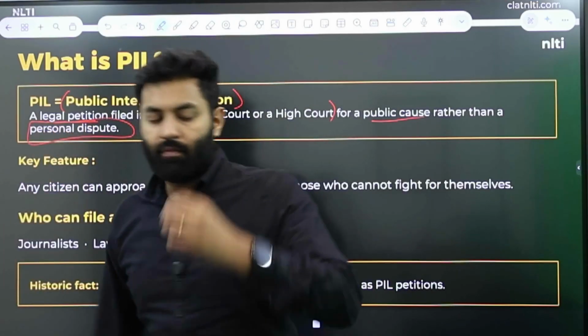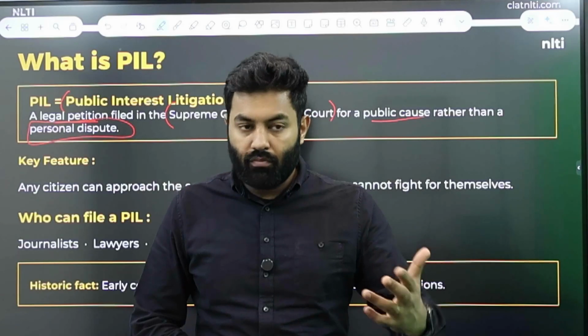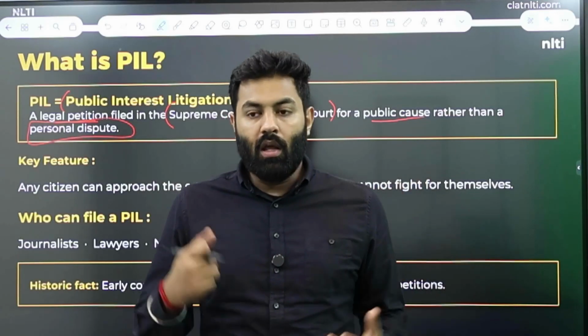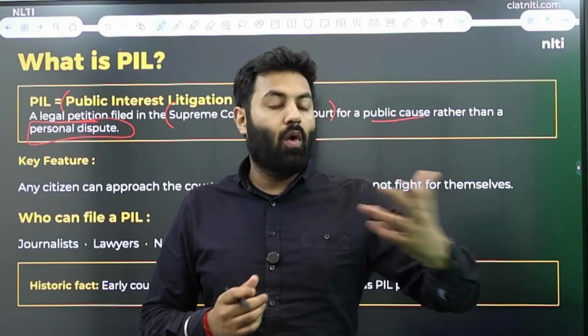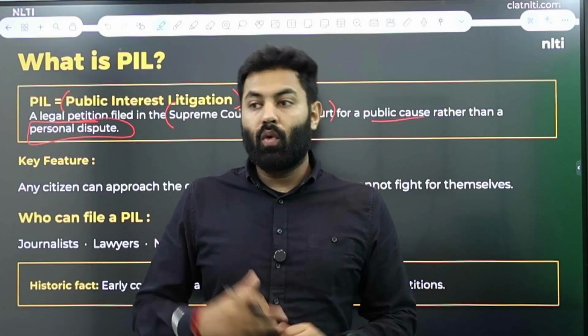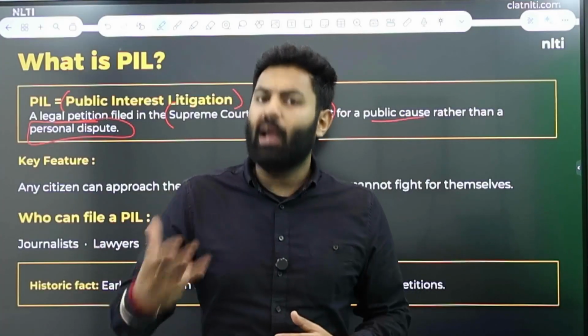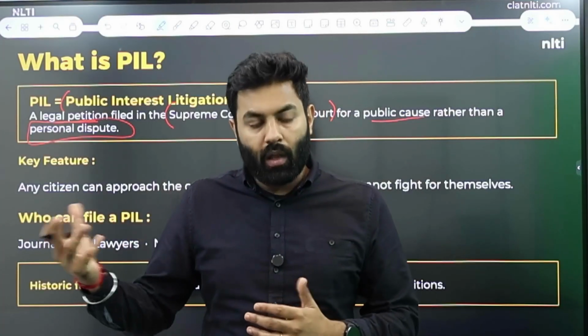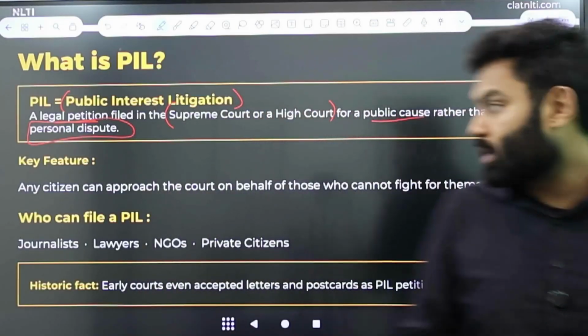For example, there's something going on in the Aravali Hills, and the public around it wants to know what exactly the government is doing, what exactly the contractors are doing. Are they going to destroy part of the Aravali Hills? Are they constructing something? So they can file a PIL to get to know it, to try to save it, right? That is how PIL works.